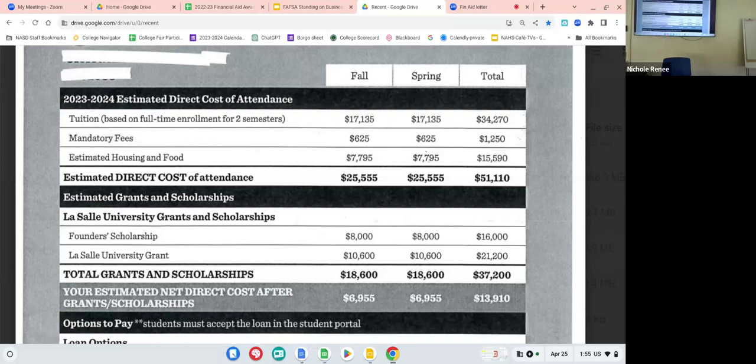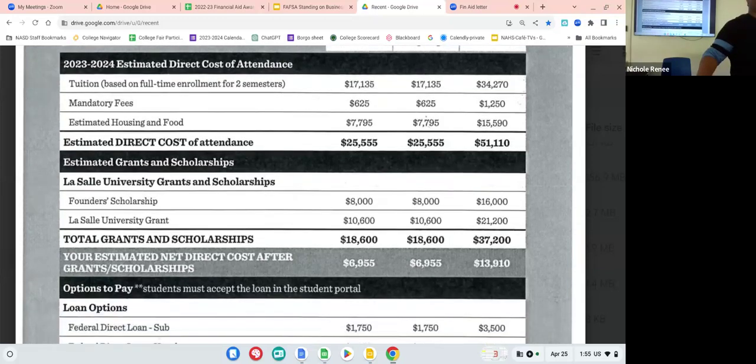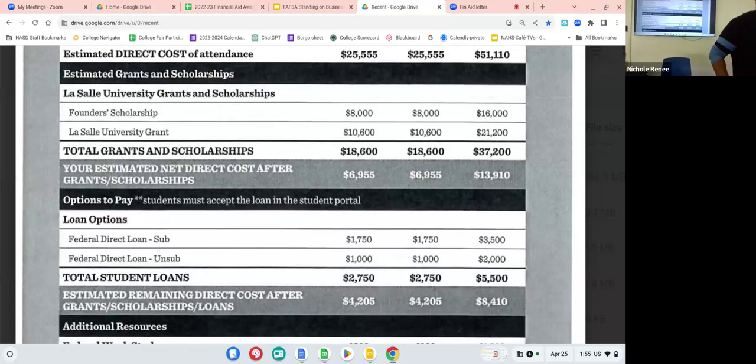It's in Philadelphia, kind of in the Germantown, Logan area. So we have a couple of kids here that go to LaSalle and commute there. But they gave this university grant, which is $21,200. The total grants that they gave the student was $37,200. And then the loan options are $5,500. Okay.